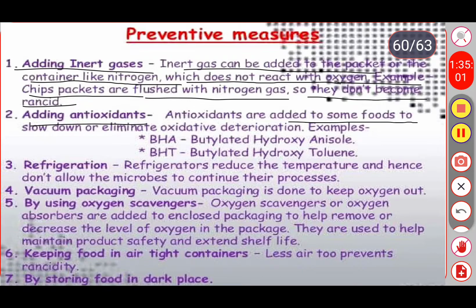The next ones are refrigeration, vacuum packing, using oxygen scavengers, and keeping food in airtight containers. These are all things we already discussed in the previous slides. So these are some precautions we need to maintain against the spoiling of food.